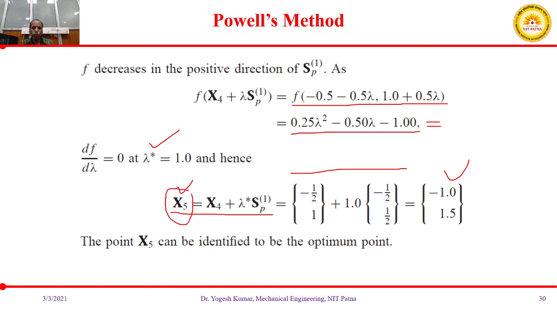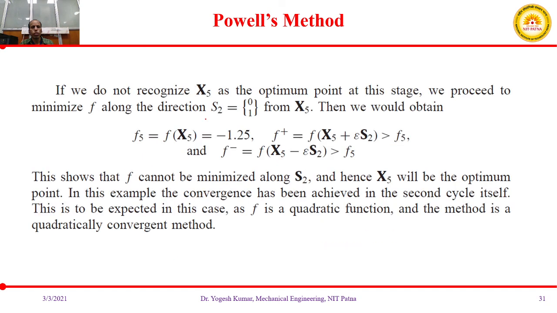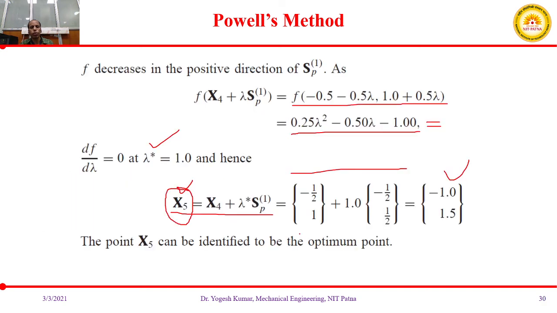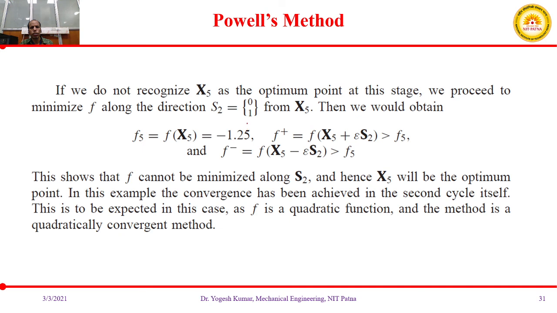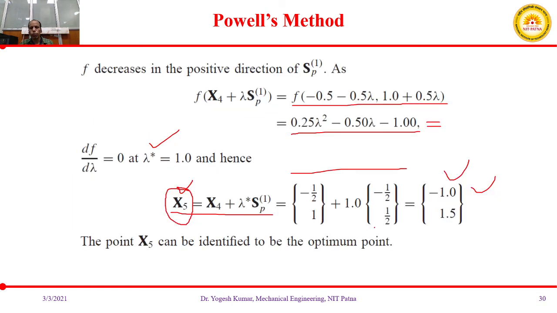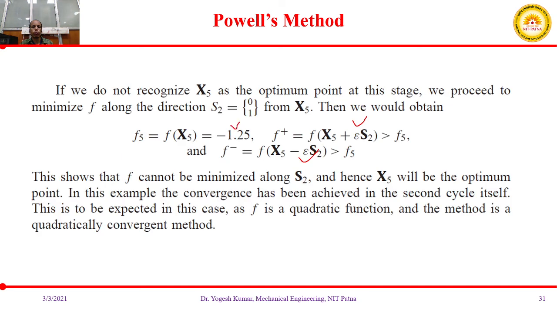Now at x5, you will cross-check whether you are getting any further minimum value of your given function beyond this point x5. You can give a positive increment in the s2 direction, and you can give increments in the negative direction as well as the positive direction. You can see the value of the function at x5 is now minus 1.25.